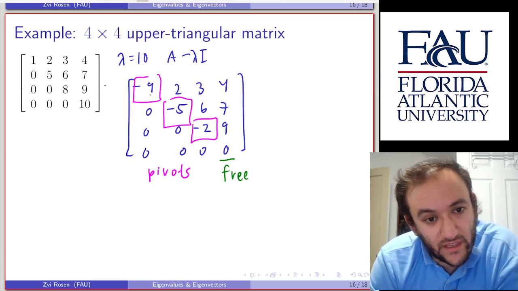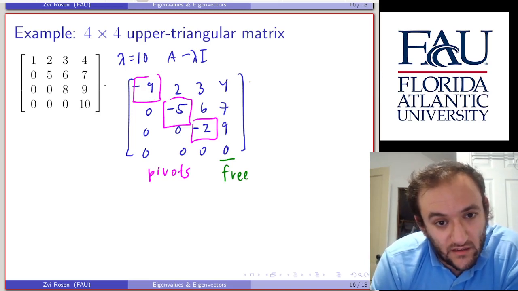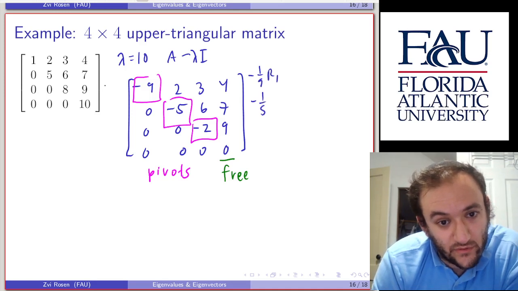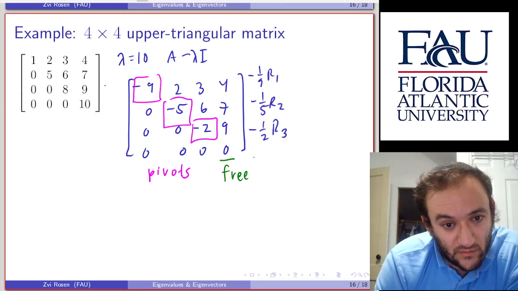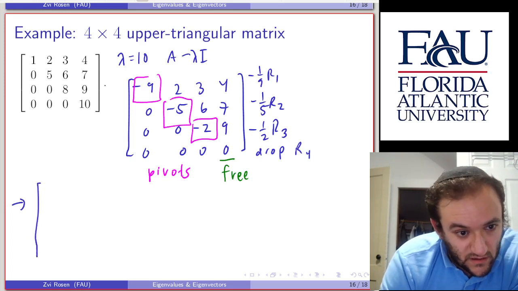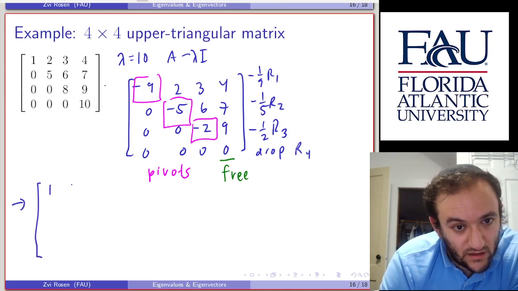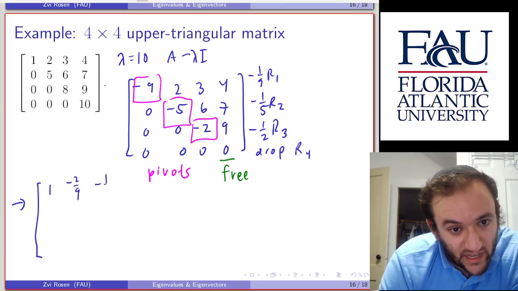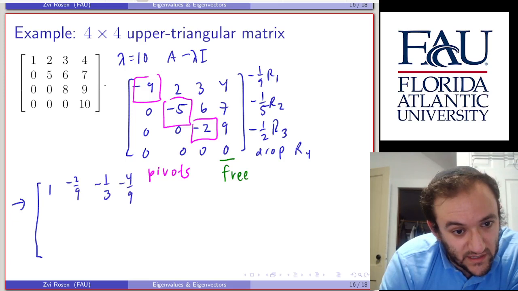Let's do that quickly. So we times these by minus 1 over 9, minus 1 over 5, and minus 1 over 2. I'm going to drop this row, because it doesn't affect the solutions. So we have 1, minus 2 ninths, minus 1/3, minus 4 ninths.